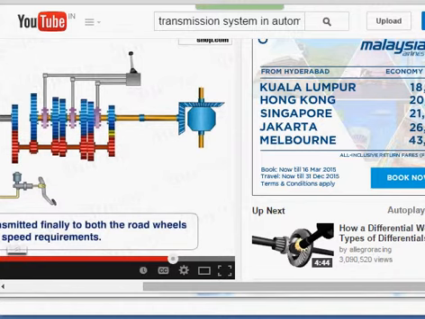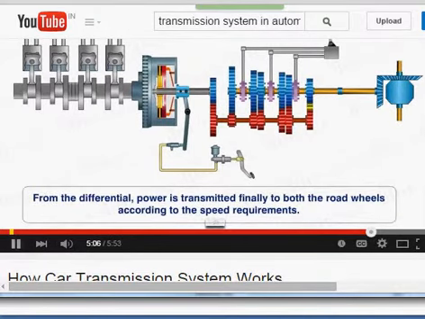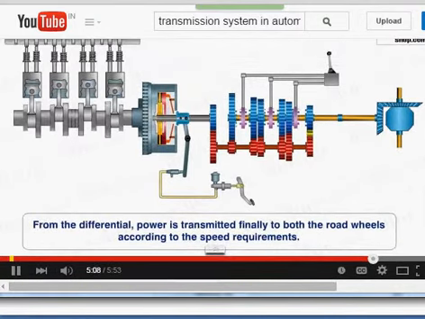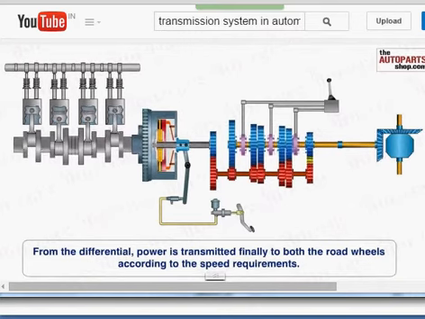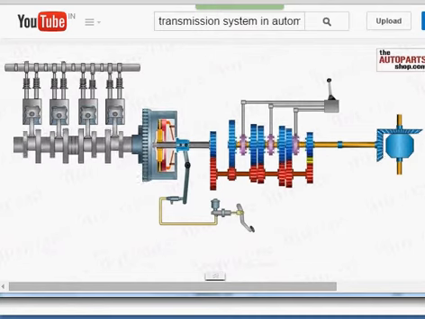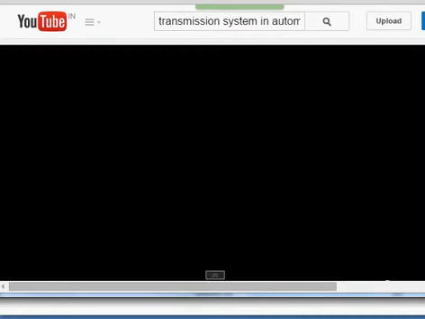And this is how a transmission system will work in an IC engine. These are the engines, and they are connected to the crankshaft so that the rotary motion comes out of the engine, and this is the clutch unit.